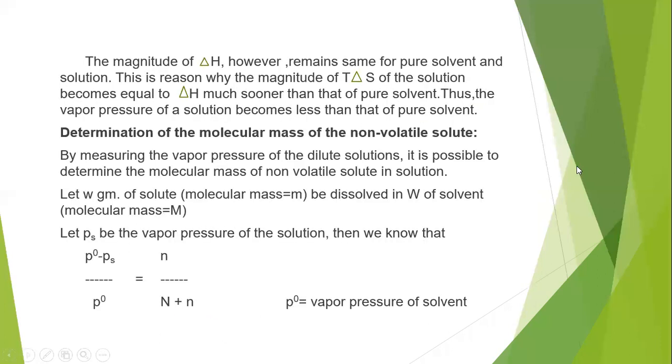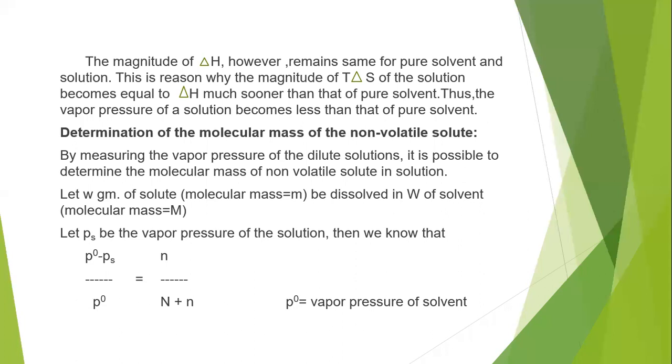One more thing we have to represent: the magnitude of delta H, however, remains the same for pure solvent and solution. Why is delta H, the heat, the same for both the pure solvent and the solution? The magnitude of T delta S of a solution becomes equal to delta H much sooner than that of a pure solvent.